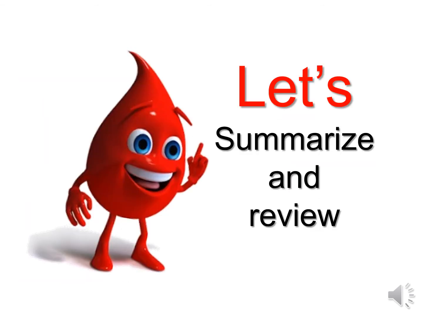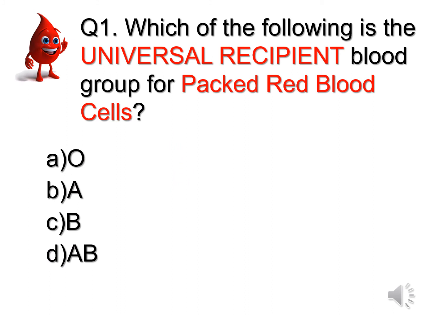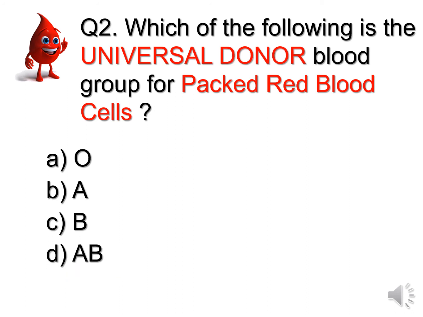Now let's summarise and review. Which of the following is the universal recipient blood group for packed red blood cells? O, A, B or AB? The universal recipient is AB. Which of the following is the universal donor group for packed red blood cells?